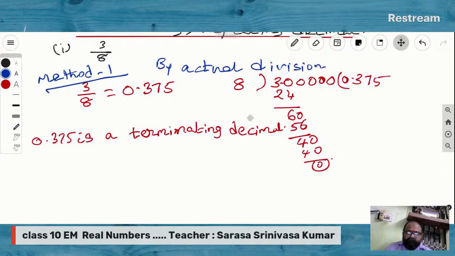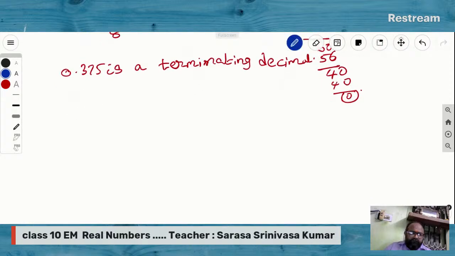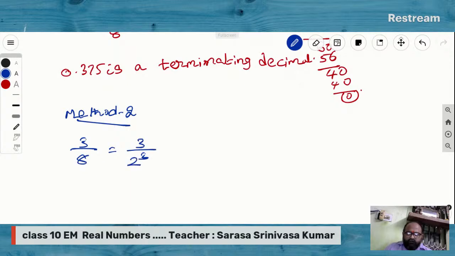Now we can solve the same problem without actual division. This is method 2. 3 by 8 equals 3 by 2 power 3. Now we want to get 10 power 3 in the denominator.